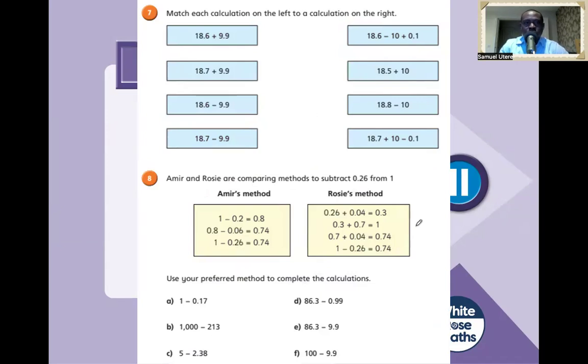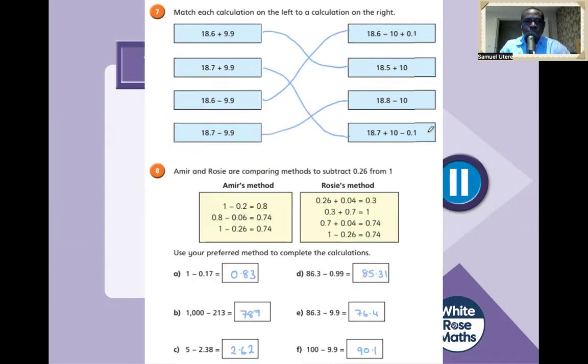All right, pause the video and answer questions 7 and 8 in 4 minutes. Assuming you've paused the video and you've answered questions 7 and 8, here are the answers. Let's discuss them. So here you were asked to match each calculation on the left to a calculation on the right. So you can see these calculations are equivalent.